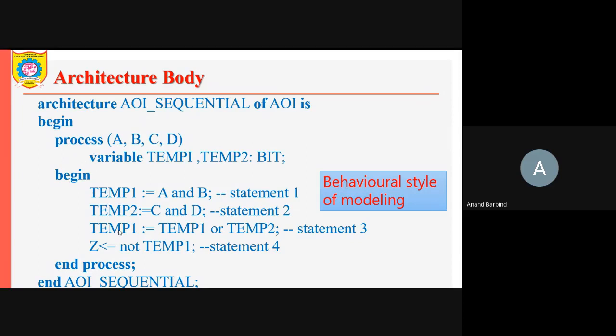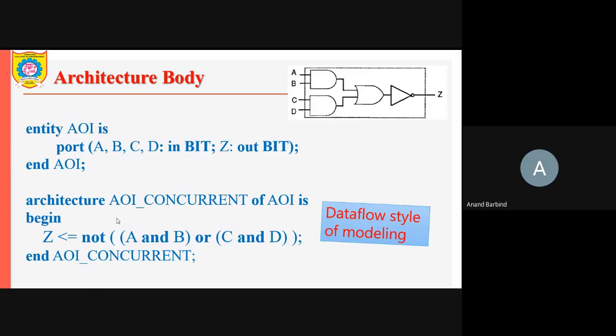The statements within the process are executed sequentially, whereas if we do not use any process statement, whatever statements we write inside the body of the architecture are all executed concurrently, in the sense simultaneously.